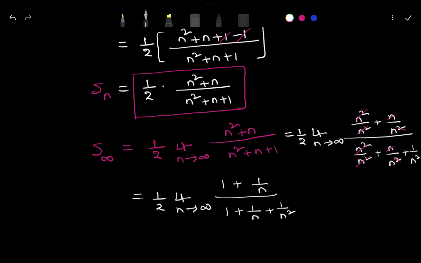You know as n tends to infinity, 1/n tends to 0. So that means 1/2 times (1 plus 0) whole divided by (1 plus 0 plus 0). So your answer will be 1/2. Therefore the sum of the infinite terms of the same series will be 1/2. So I hope everybody is clear on this problem.